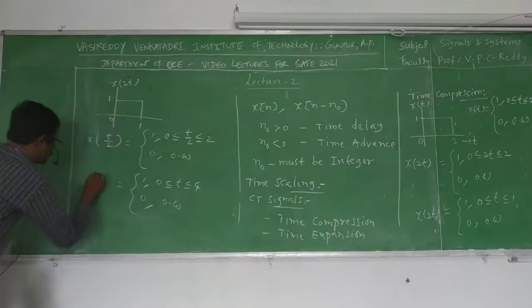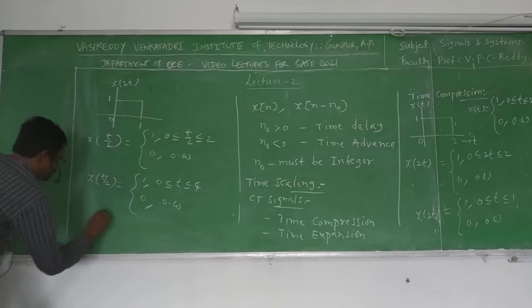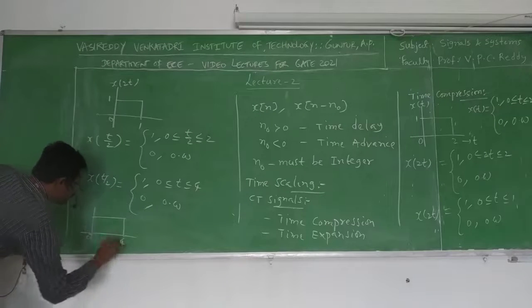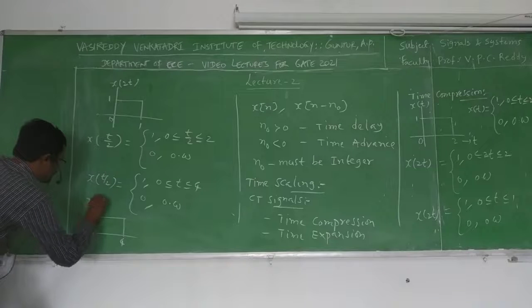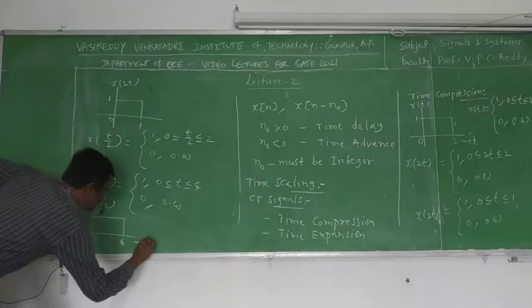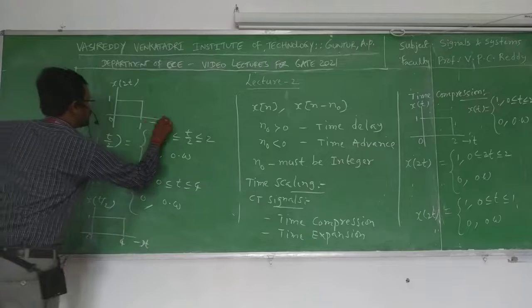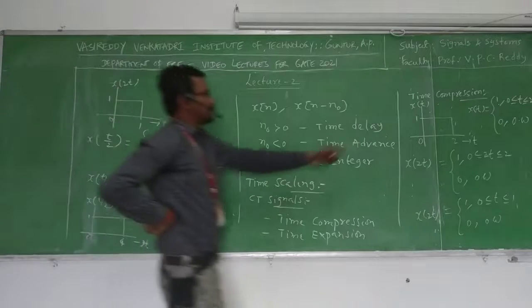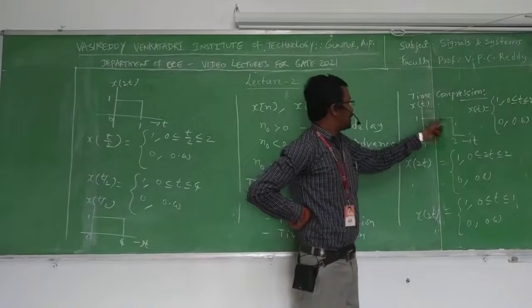This is x of t by 2. If you plot this, what is the duration here? 0 to 4, and the magnitude is 1. This is x of t by 2.